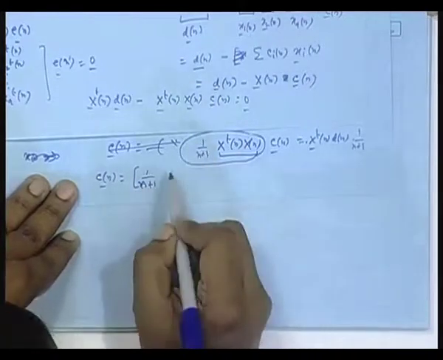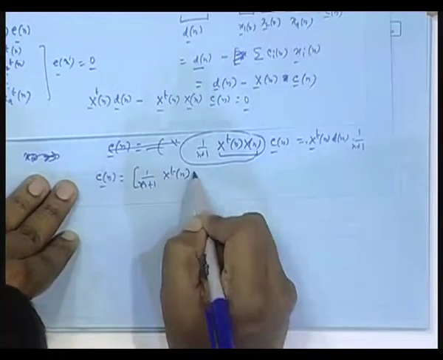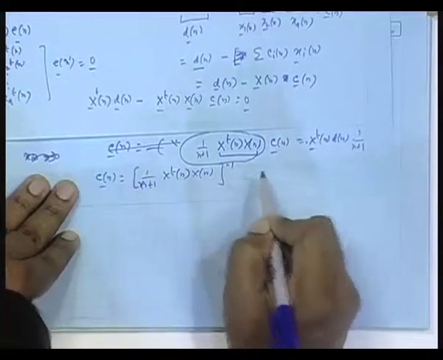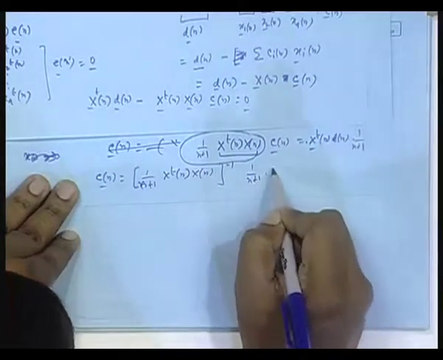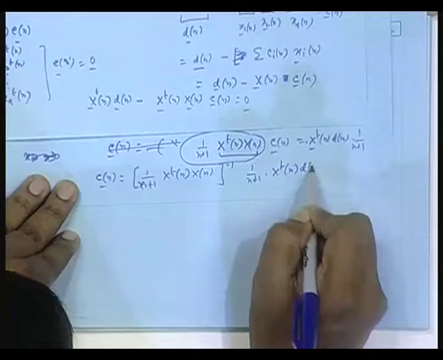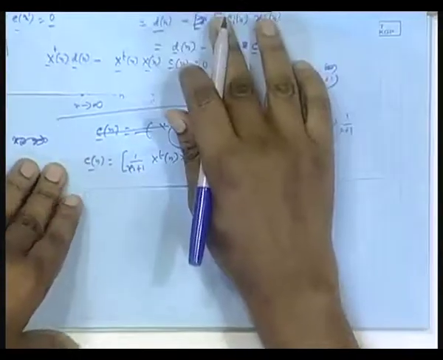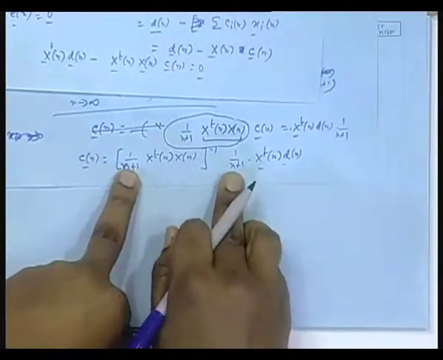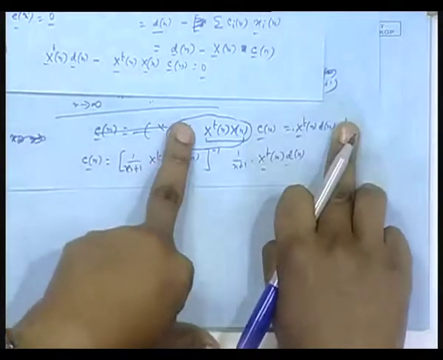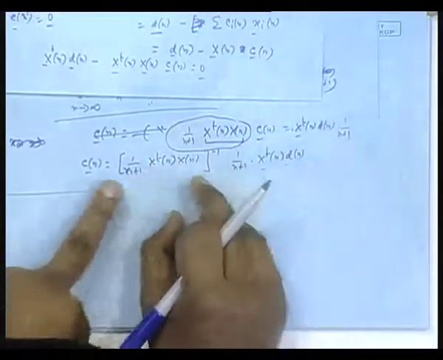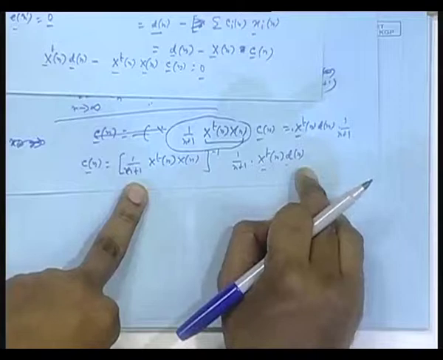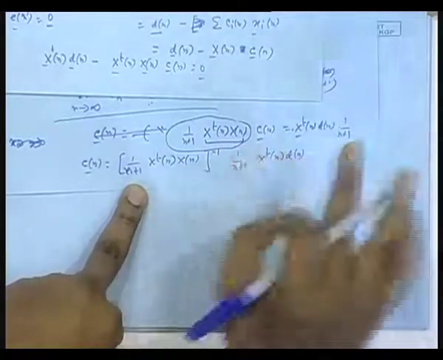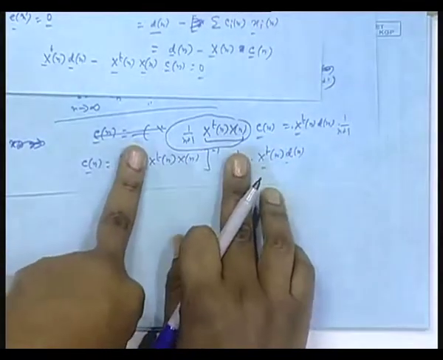This 1 by n plus 1 and this will cancel, after all 1 by n plus 1 is not required here. So, Cn will be just the inverse of this matrix times x transpose dn. Actually, when I use it later, I will not be bringing the 1 by n plus 1, they cancel.